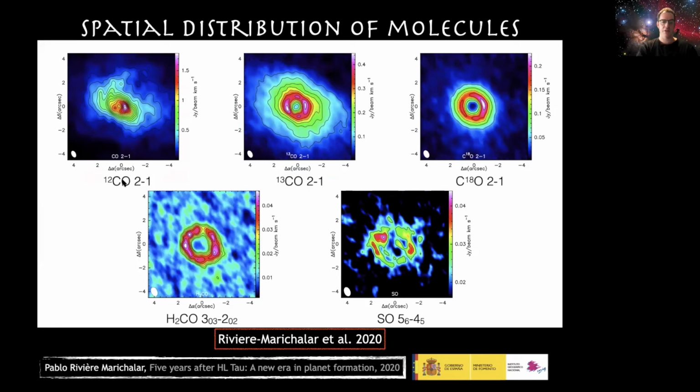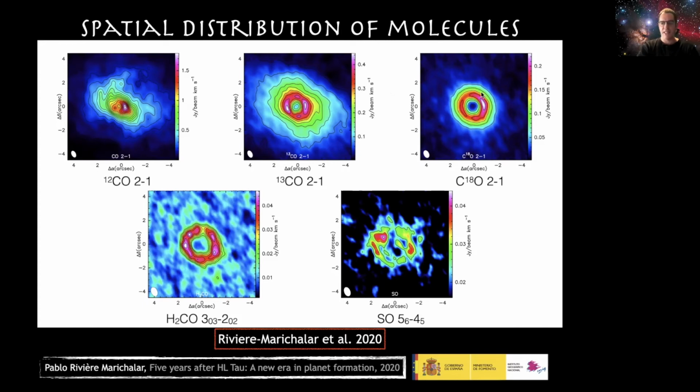We observed 12CO, 13CO, C18O, formaldehyde, and sulfur monoxide. And there are very interesting features that can already be observed in the maps. First, in the 12CO maps, and also in the 13CO map, we see hints of large structure spiral arms.